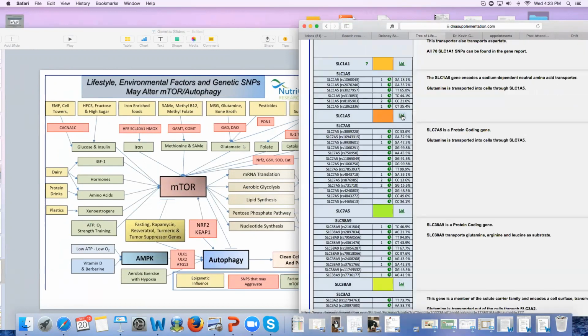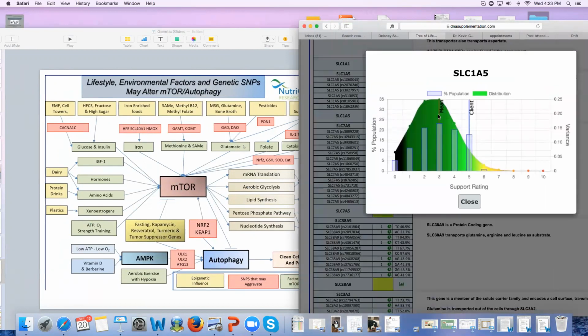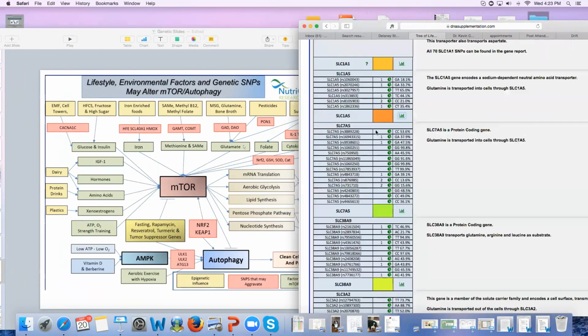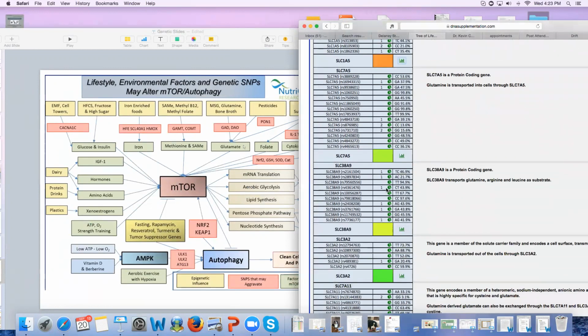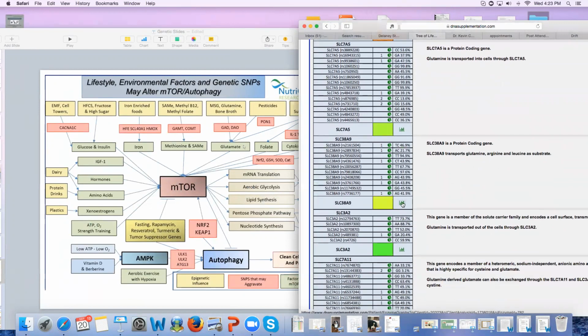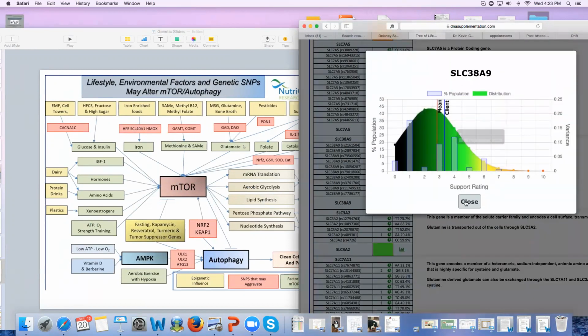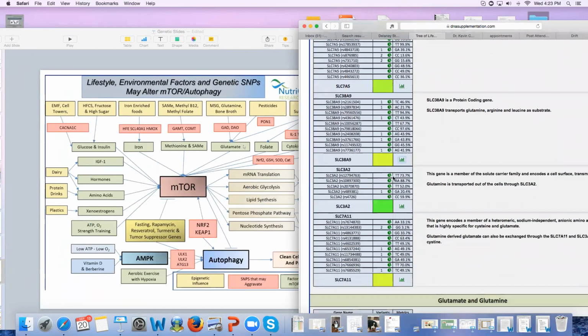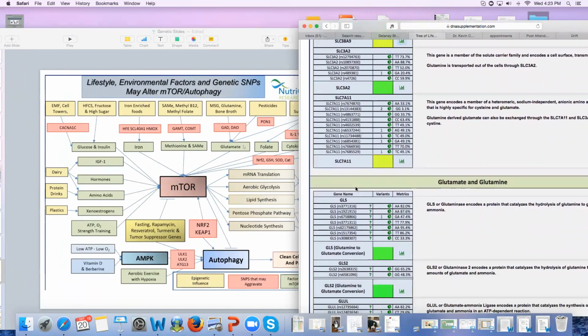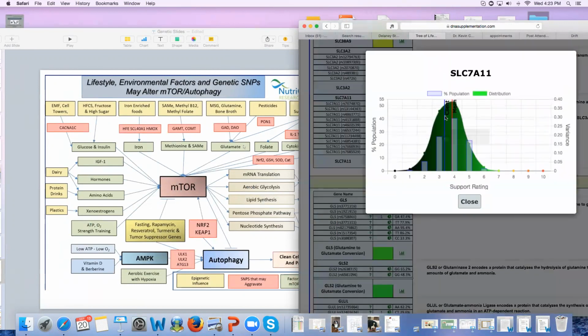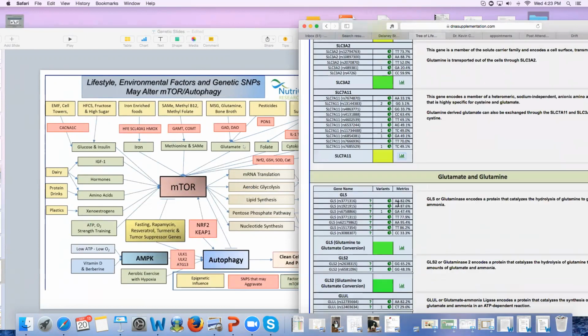You don't want to be to the right of the mean. If we had a healthy cohort of people, the mean would be over here somewhere. So we don't want to be to the right of the mean. This person already has definitely some issues in being able to deal with glutamine and its conversion to glutamate, and their ability to get that out of their body.